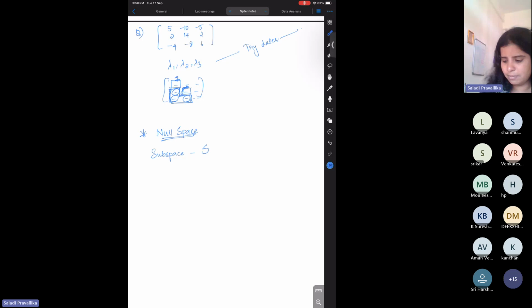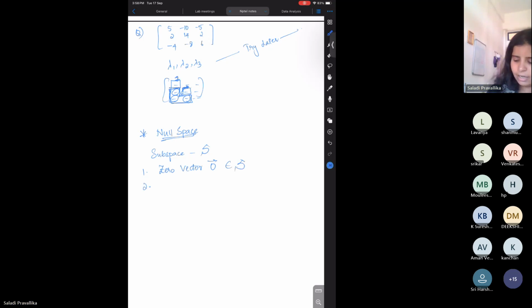If I represent the subspace as S, then this subspace S has a zero vector, denoted by O, and that belongs to the subspace.